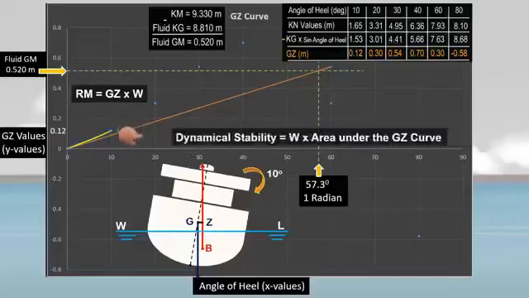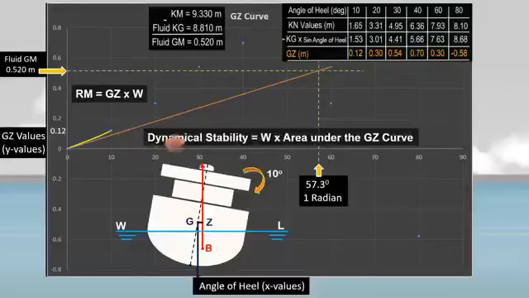To determine the dynamical stability, multiply the ship's displacement by the area under the GZ curve. This is the area under the GZ curve at a 10-degree angle of heel. We can determine this area using Simpson's rule, but we will do some calculations when we are up to 30 and 40 degrees angle of heel.